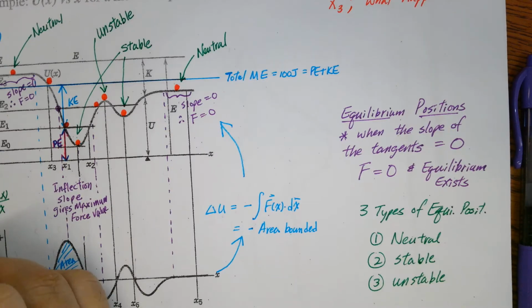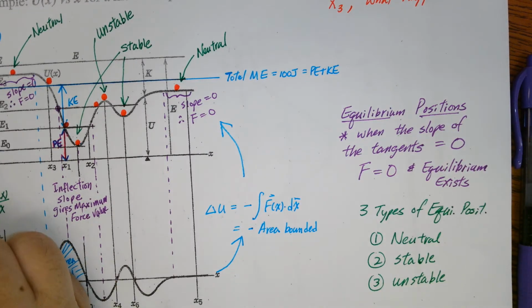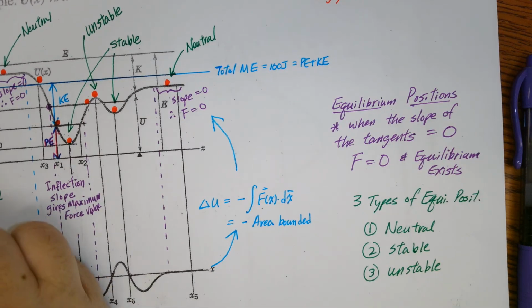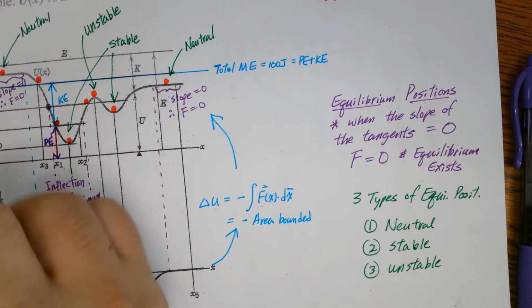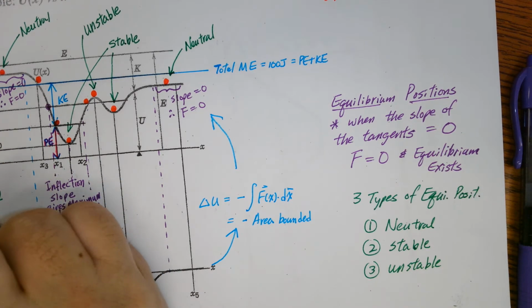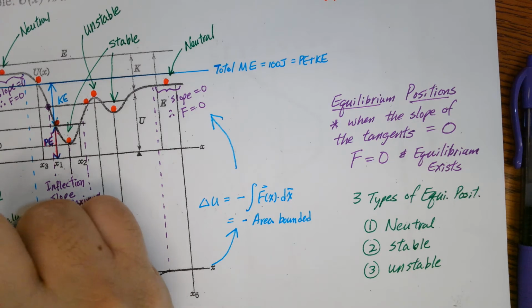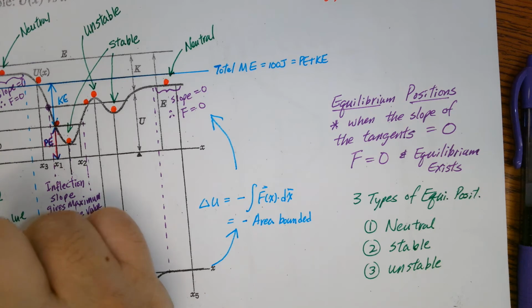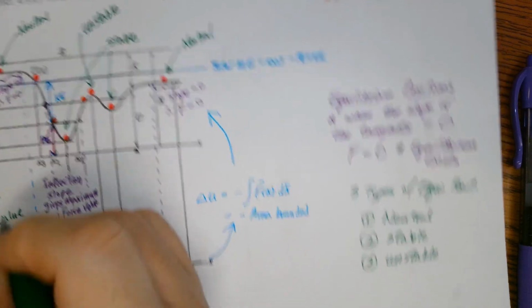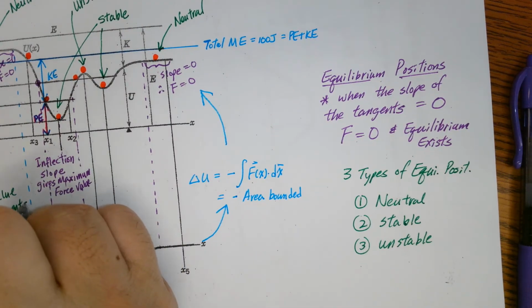And that negative is very, very crucial. That is basically the negative slope value of a tangent line.